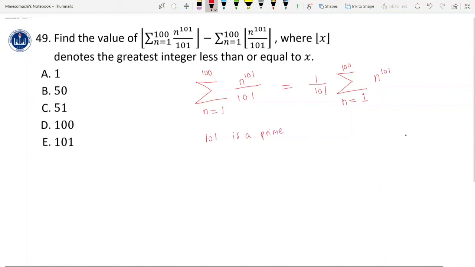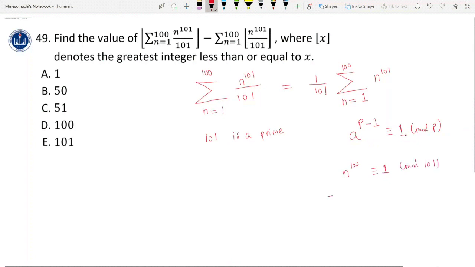Fermat's little theorem tells us that for a number a relatively prime to a prime p, a to the power p minus 1 is congruent to 1 mod p. Now we have that n ranges from 1 to 100. So for each of the n's in this case, n to the power 100 is congruent to 1 mod 101.